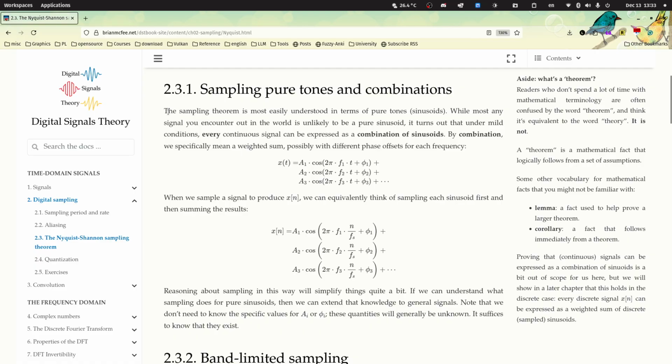The sampling theorem is most easily understood in terms of pure tones.